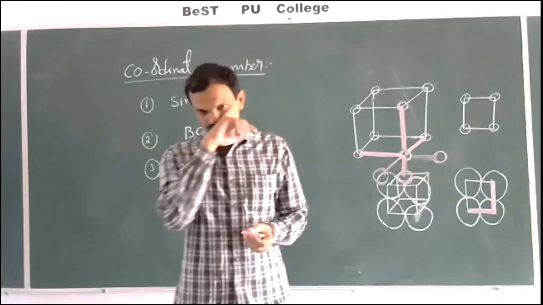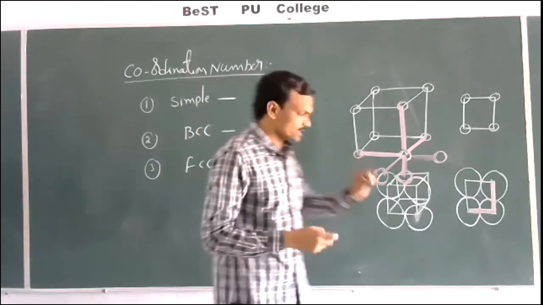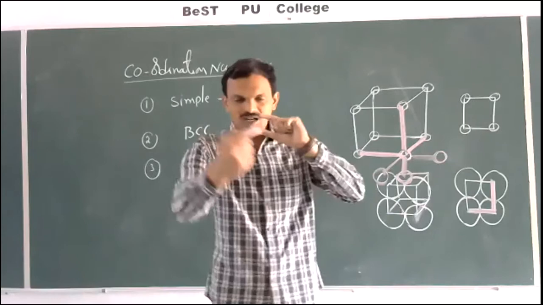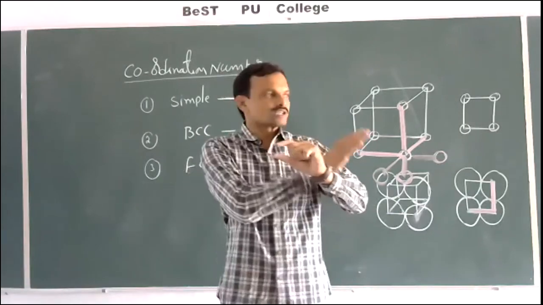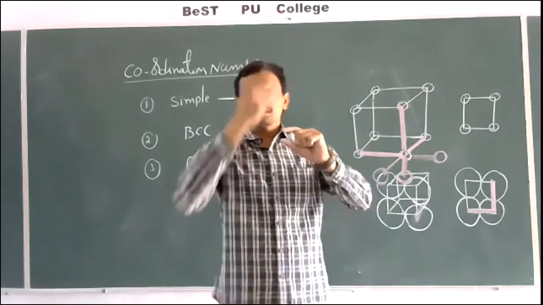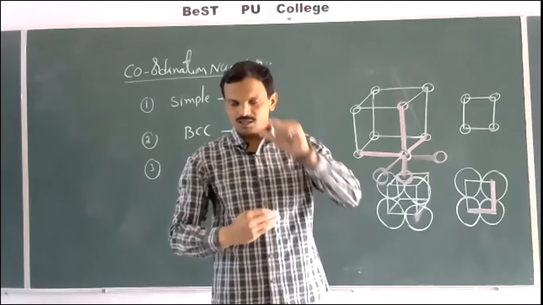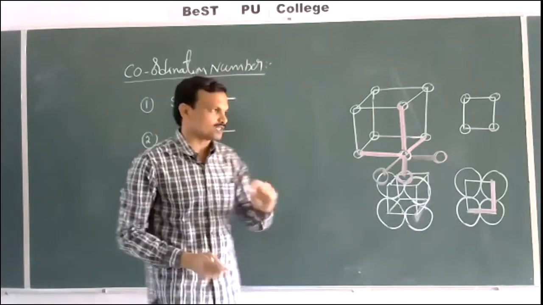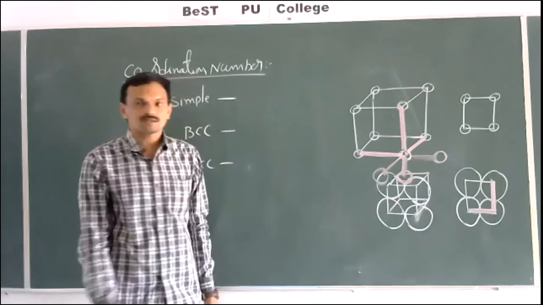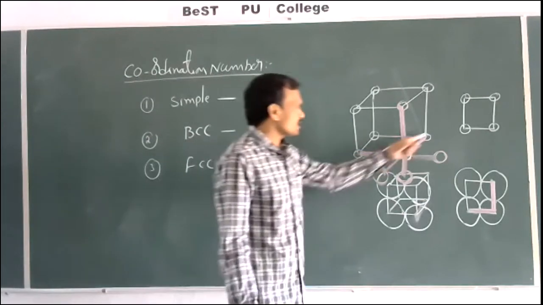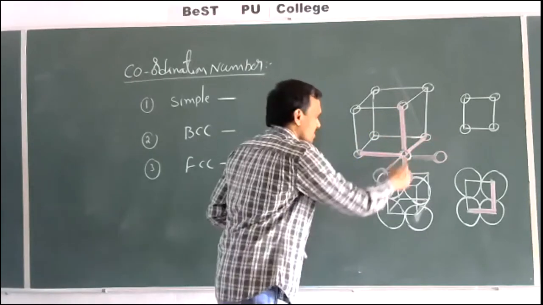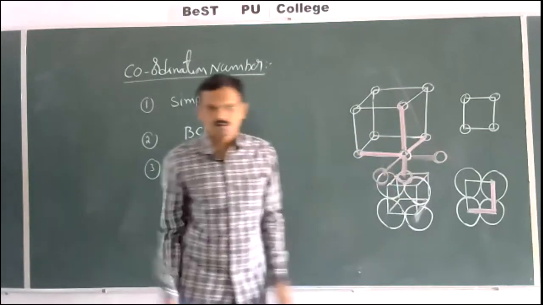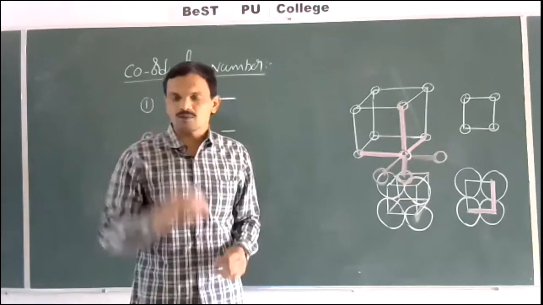6 particles. So if you select one sphere, front one sphere, back one sphere, left side one sphere, right side one sphere, top one sphere, bottom one sphere, then the particle is in contact with 6 other particles. Within the unit cell, with 3 particles, and with the neighboring unit cells, with 3 others: top, bottom, front, back, left, right.